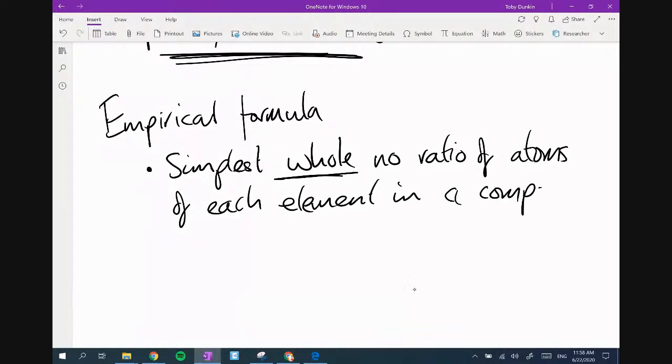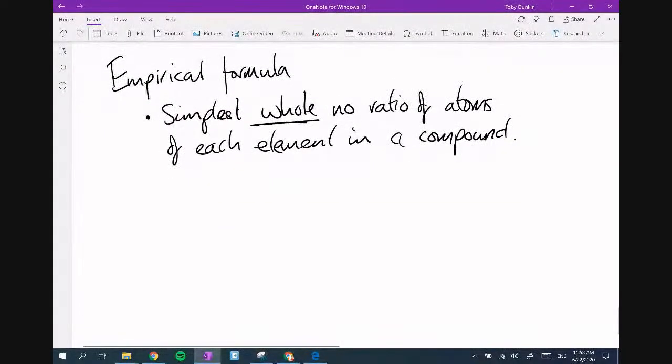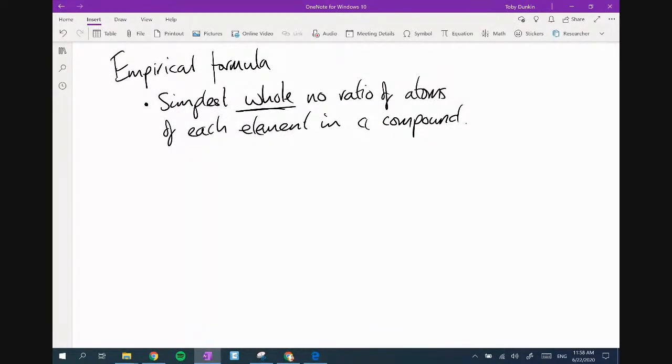Now, the method for solving this, I'm actually just going to give you a question to do here, because it makes more sense for me to do this via a question and highlight the methodology that we're doing. So this is where I do need a question, and I've been an idiot and not found myself one. Hang on a minute, I can quickly find myself one. I tell a lie.